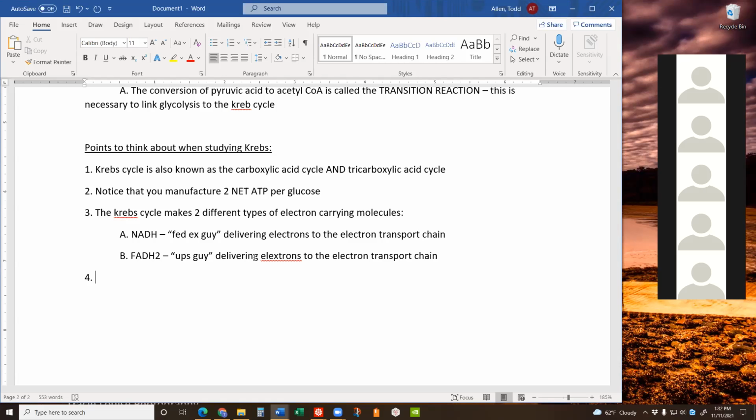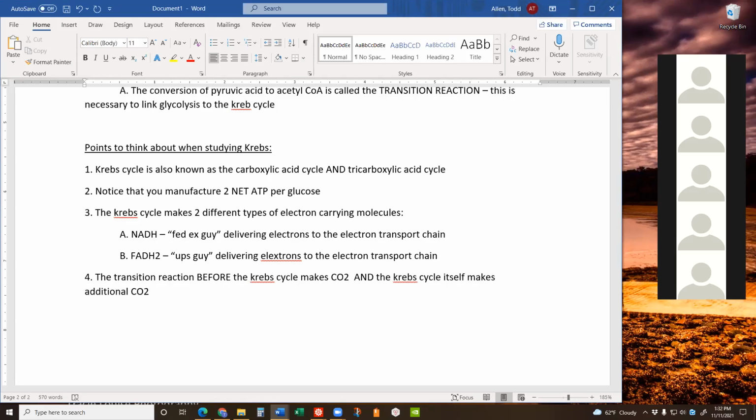Okay, so the transition reaction before the Krebs cycle makes carbon dioxide, CO2, and the Krebs cycle itself makes additional CO2. So if you have ever wondered where the carbon dioxide comes from that you eventually exhale out of your lungs, well, this is where it's coming from.